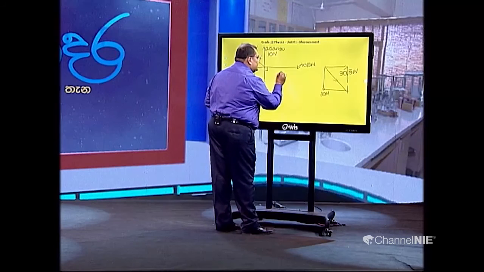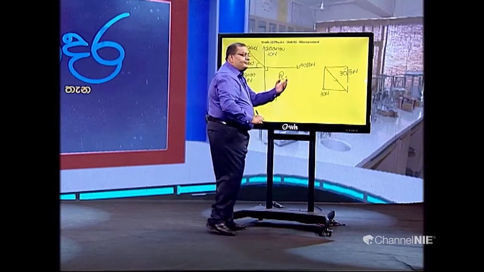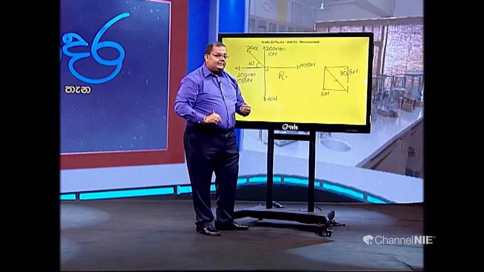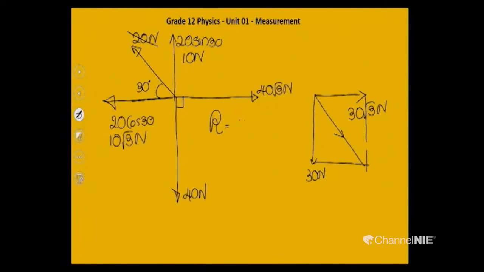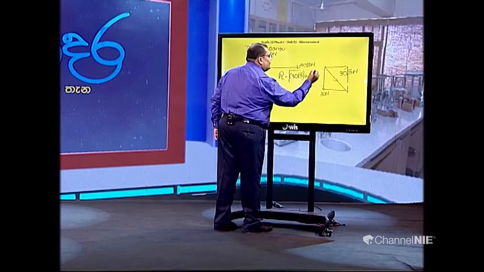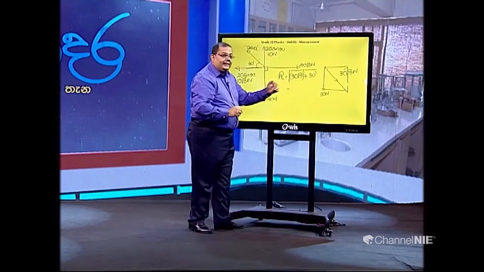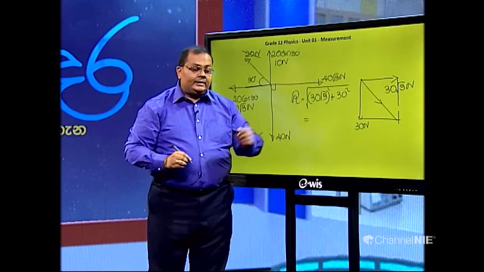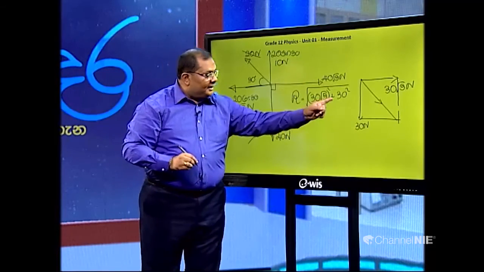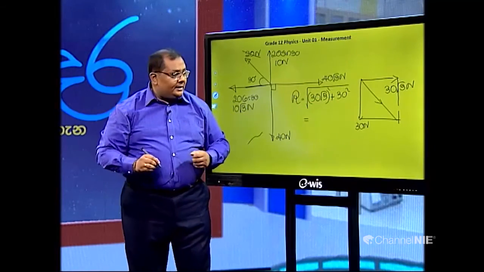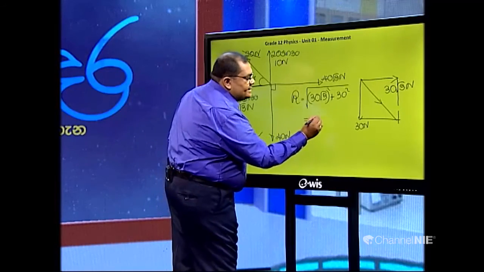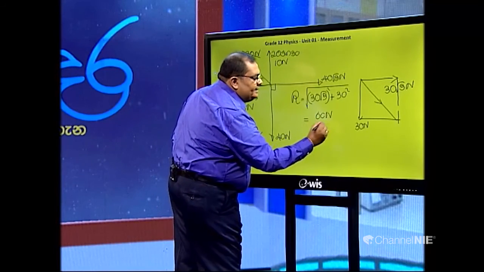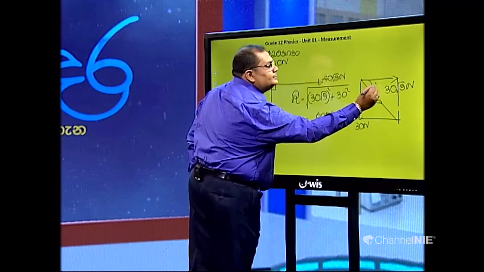It is equal to the square root of (30 root 3) squared plus 30 squared. 30 squared is 900, 900 into 3 is 2700, plus 900 is 3600, square root is 60 newtons.